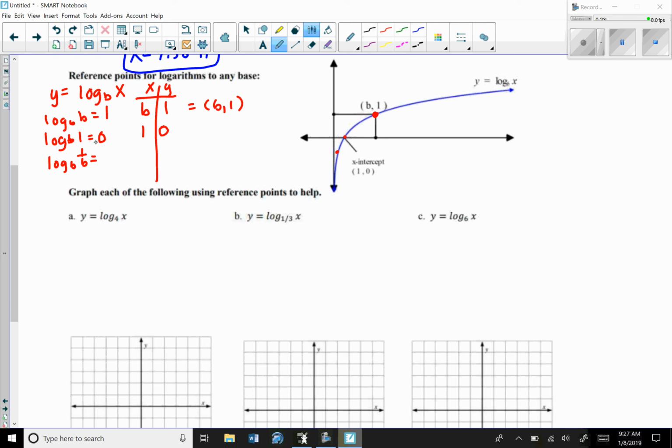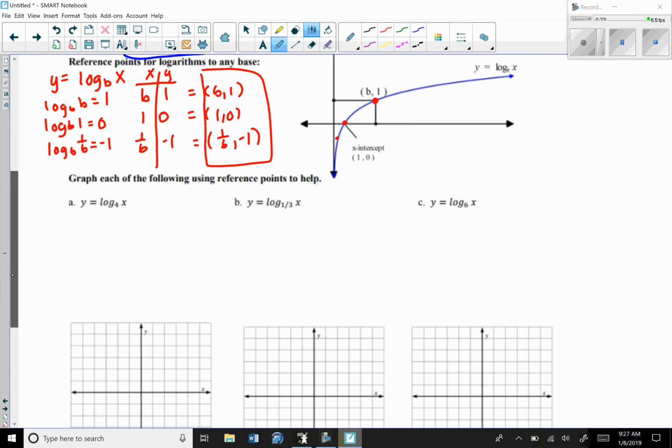So b to what power gives you 1 over b? b to the negative 1. So the next reference point is 1, 0, which is right here, and 1 over b, negative 1. These are the reference points that we use when we are graphing. It's just the base comma 1, 1 comma 0, and 1 over the base and negative 1.